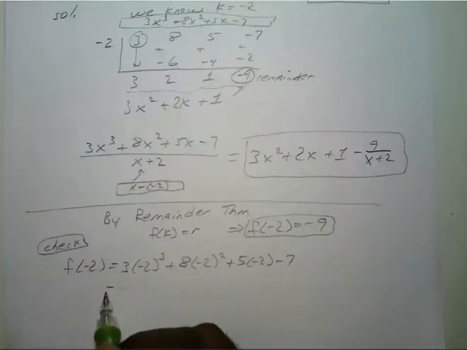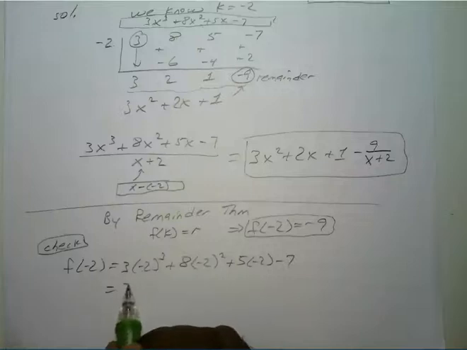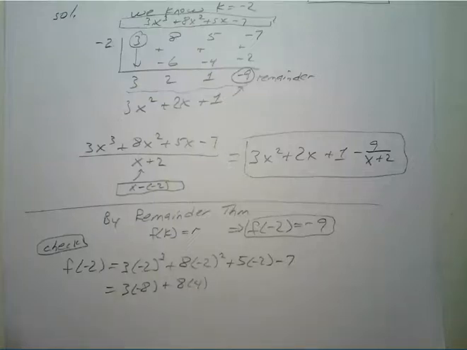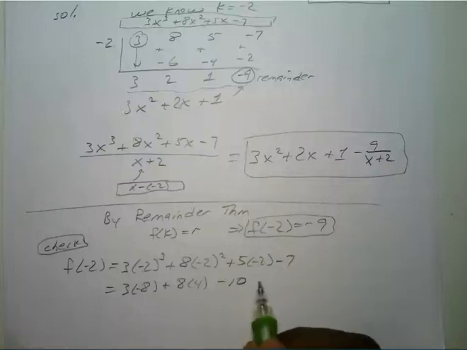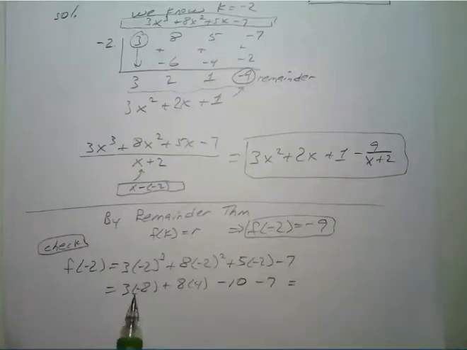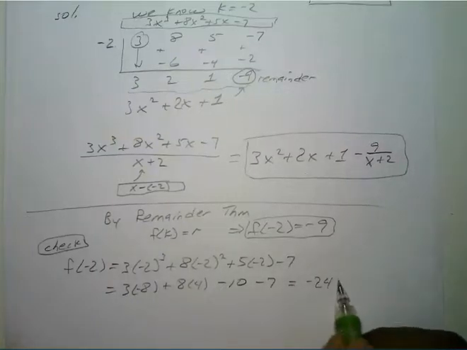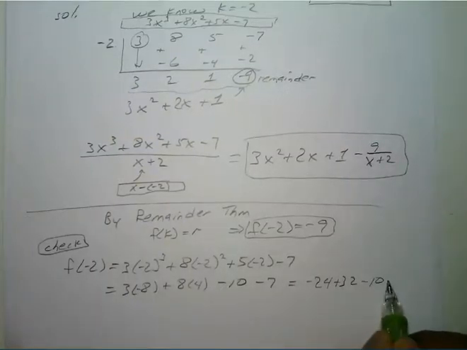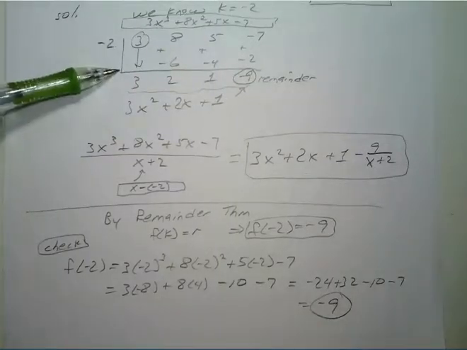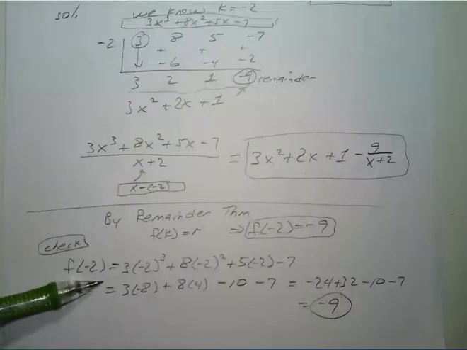Negative 2 to the third is negative 8, so 3 times negative 8, plus negative 2 squared is positive 4, so that's 8 times 4, plus 5 times negative 2 is negative 10, so that's minus 10, minus 7. That equals negative 24 plus 32 minus 10 minus 7, which gives us negative 9.